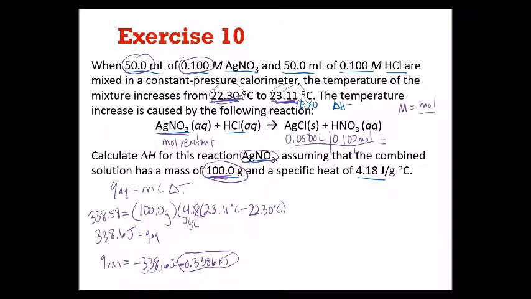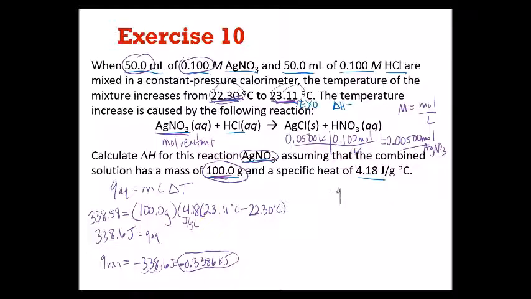If you want to use it this way, that's fine. I like to use my T-charts because it helps me set up for other stoichiometric type problems. So it ends up being 0.00500 moles. So now we know the moles of the AgNO3, our reactant there.